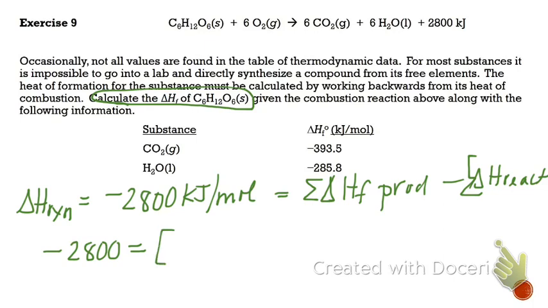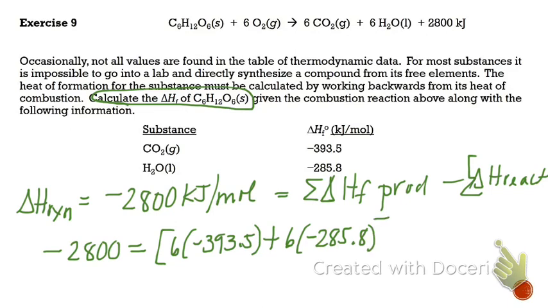Let's try that again. 6 times negative 393.5 plus 6 times a negative 285.8 minus, well, oxygen is 0, and then plus X, because that's what we're solving for.